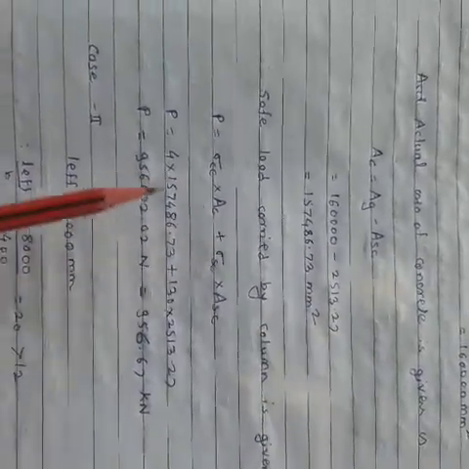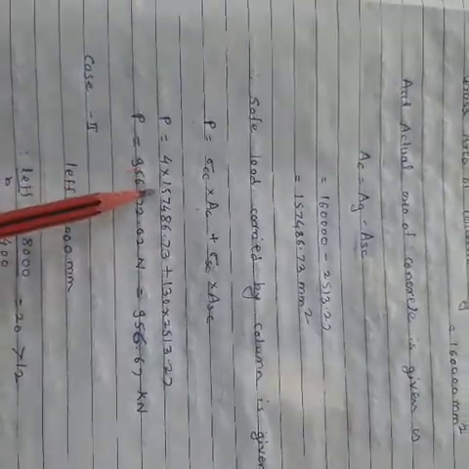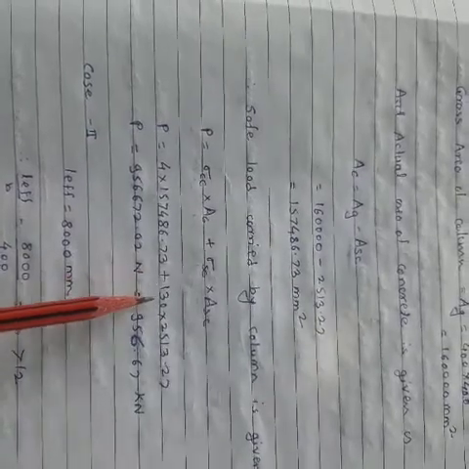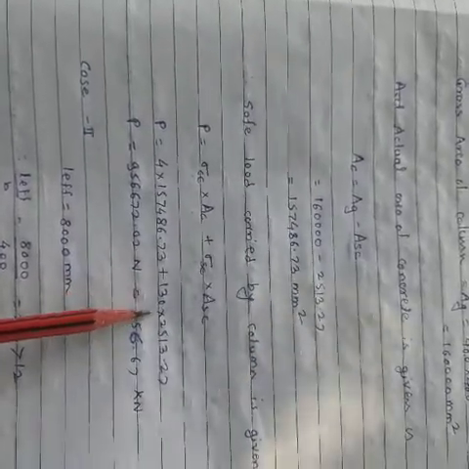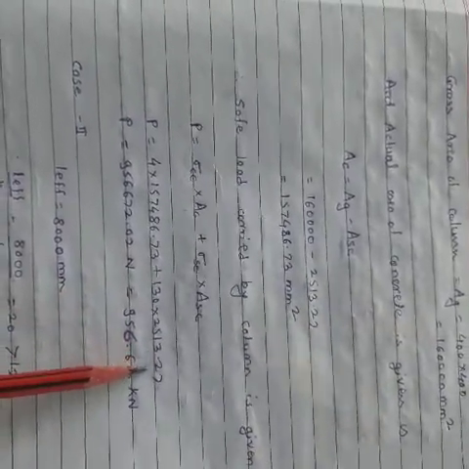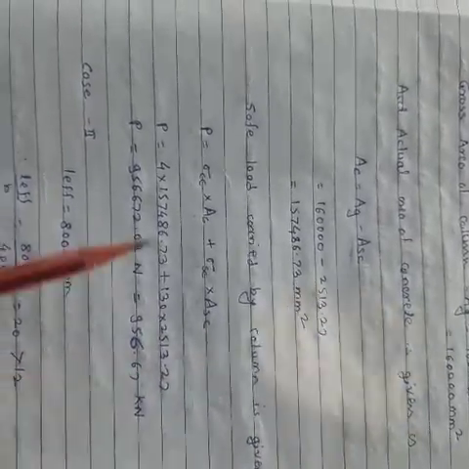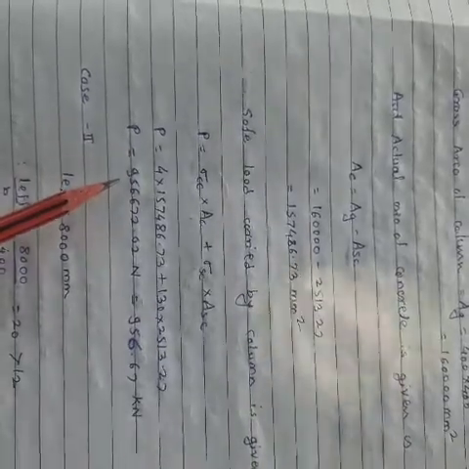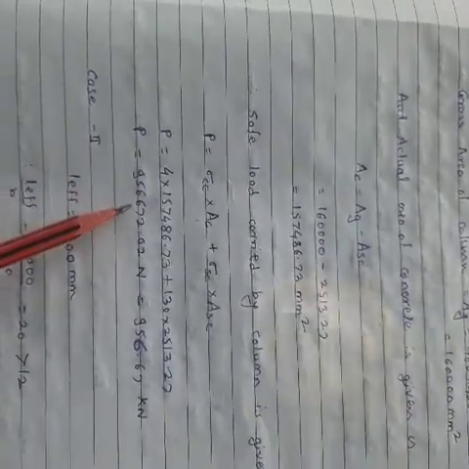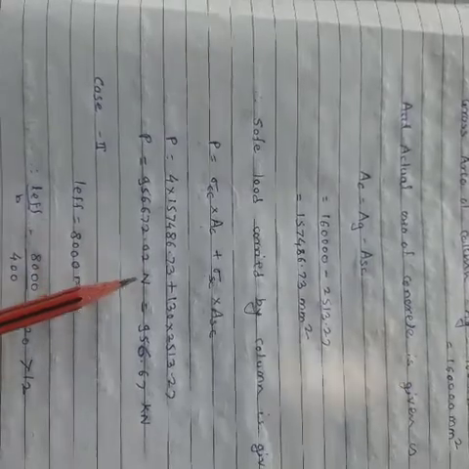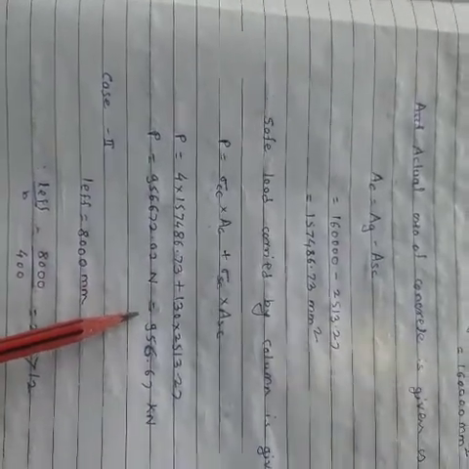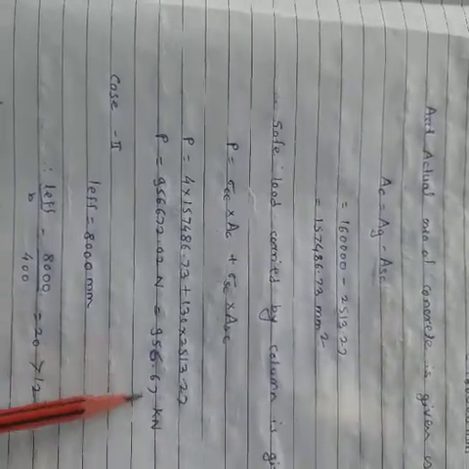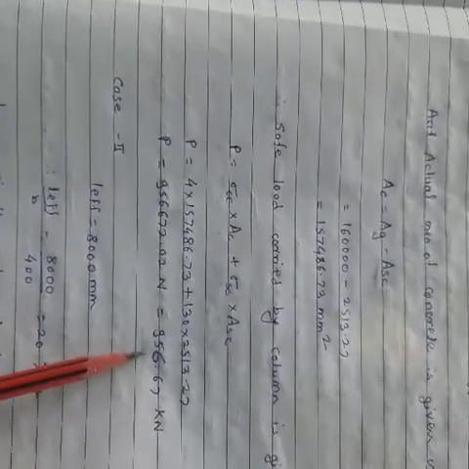After putting in these values, 4 multiplied by 157486.73 plus 130, that is the stress in steel, into the area of steel reinforcement provided in the column, we are getting P, that is the load carried by the column, equal to 956720.2 Newton, which is equal to 956.67 kilonewton. So this is the safe load carried by the column.